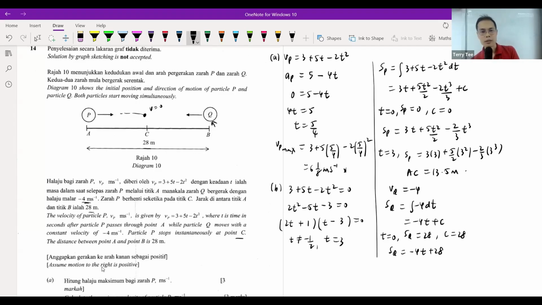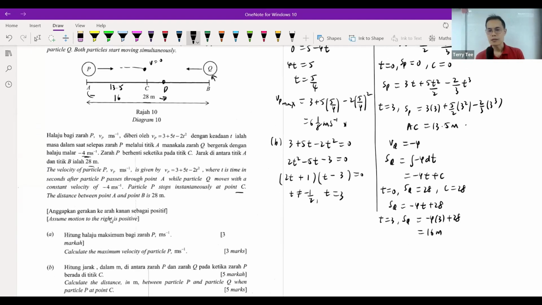I'm supposed to find the distance between them, right? So maybe you can call this point D, and this BD. When t equals 3, SQ is -4 times 3 plus 28. 28 minus 12, you got 16. Now, this 16 is actually the distance from A to D. A to C is 13.5, right?